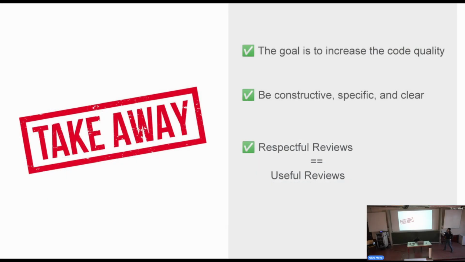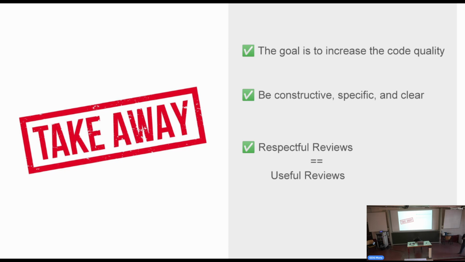All right, so I reached the end of my talk. So it's soft talk. And here are the main items. Remember that our goal from code review is really to increase the quality of our code and the overall quality of our project, our software.